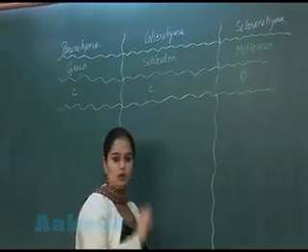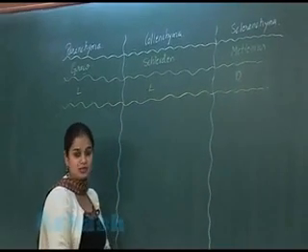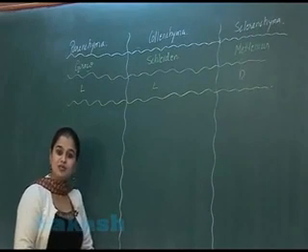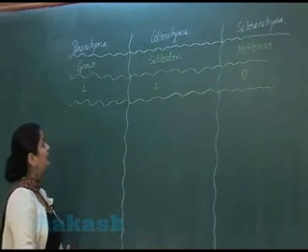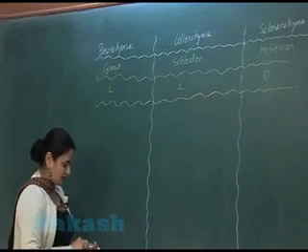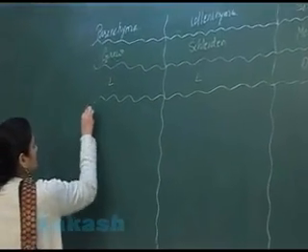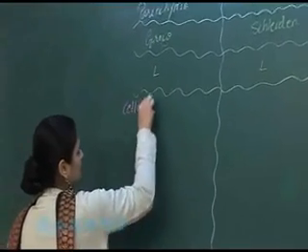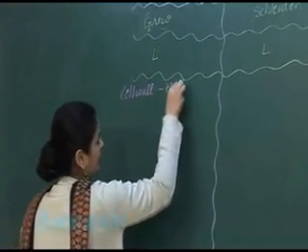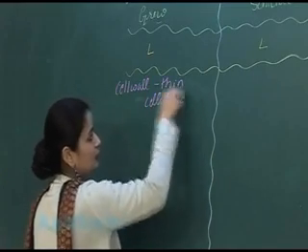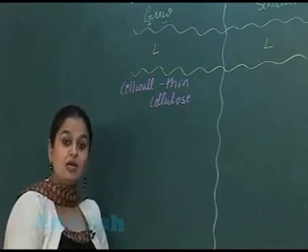Now, cell wall. What type of the cell wall is there? Whether it is thick, thin, what type of the deposition it is going to carry? Parenchyma. In the parenchyma, cell wall is thin, and this thin cell wall is made up of cellulose, right?